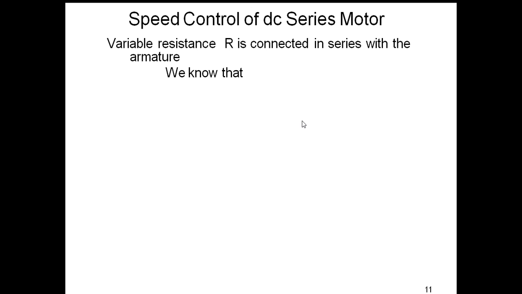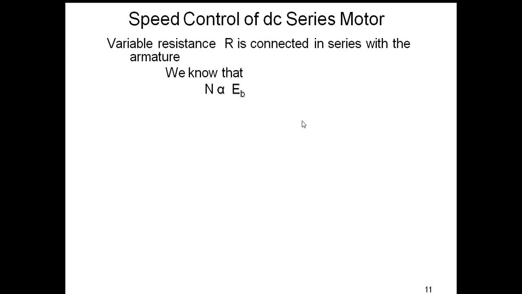We know that N is directly proportional to EB from the back EMF equation, that is EB is equal to PhiZNP by 60A.